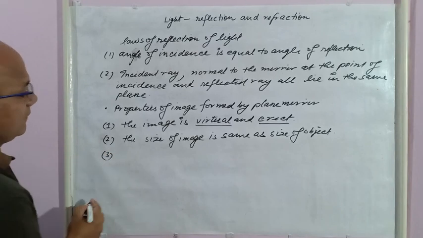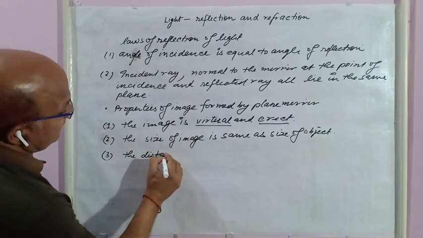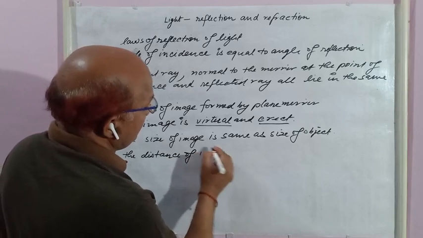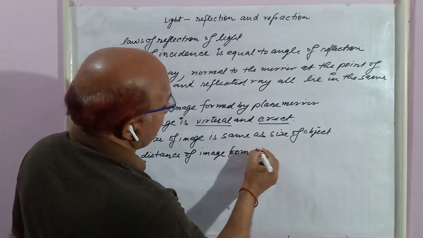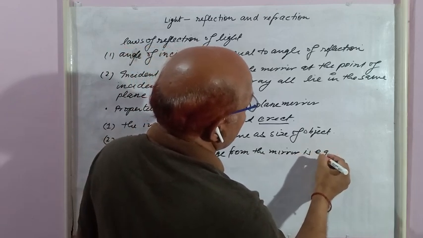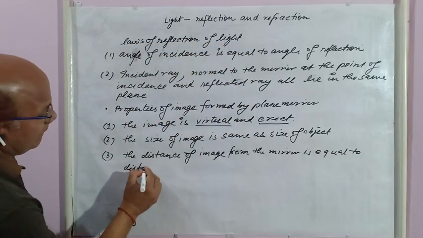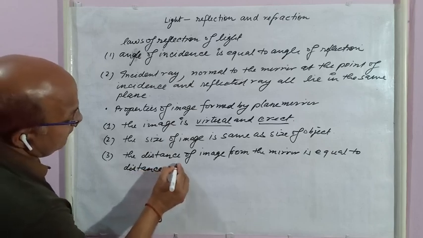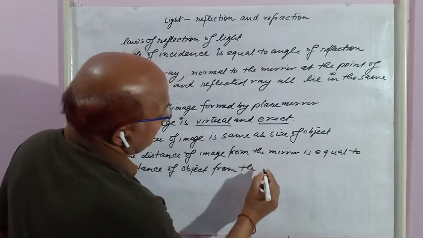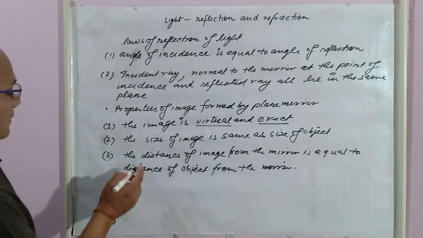Next property is the distance of image from the mirror is equal to distance of object from the mirror. Okay, these are the properties.